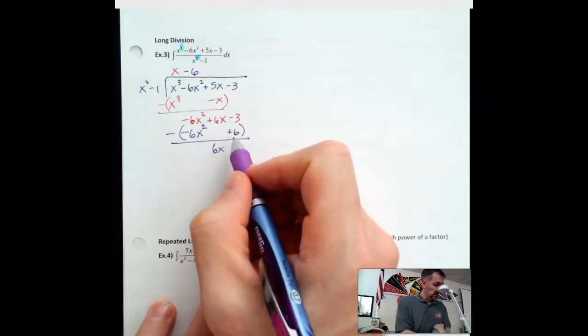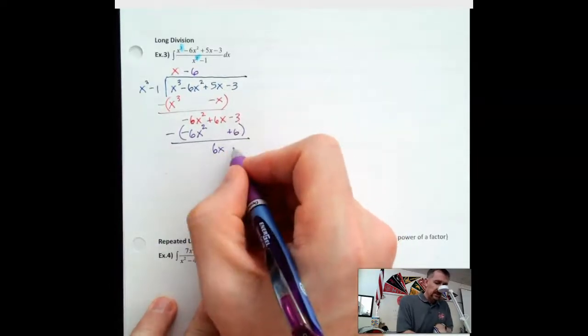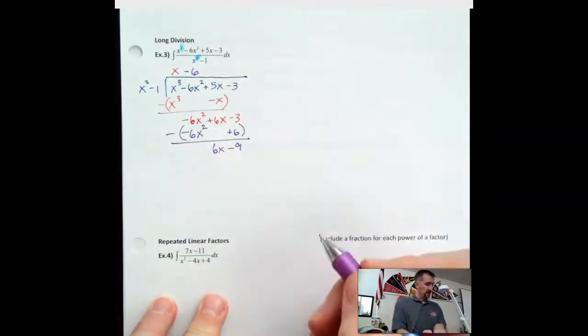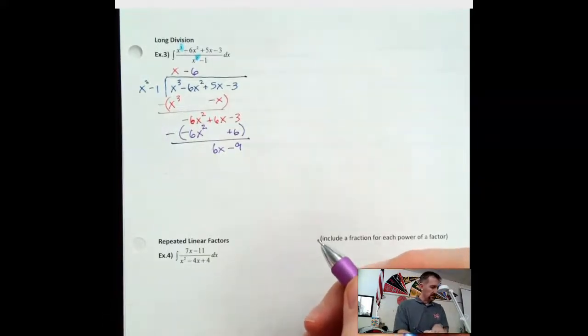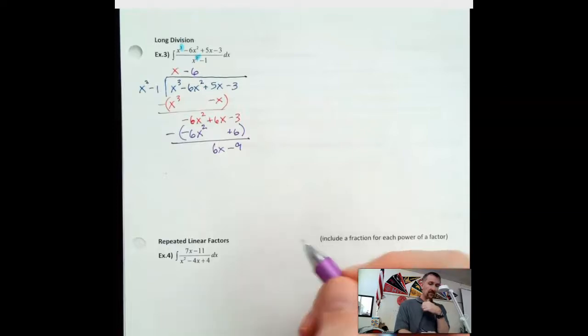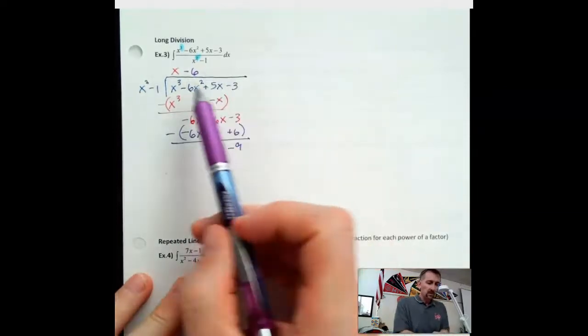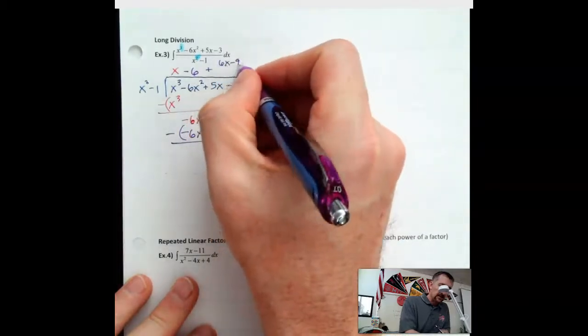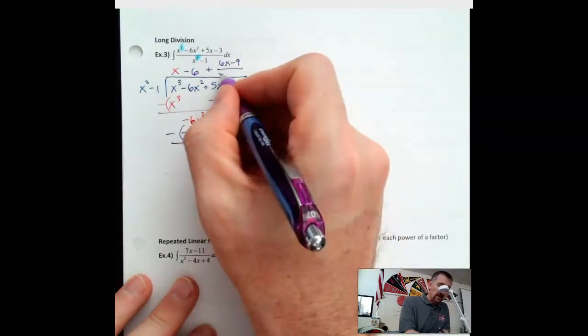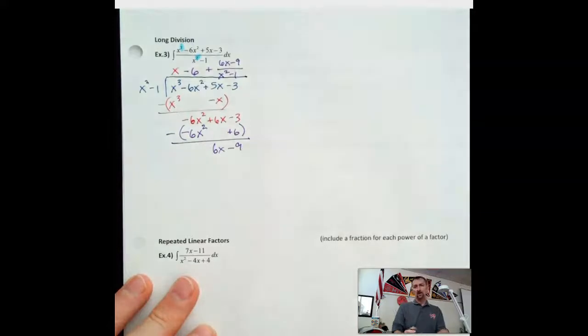That's going to be minus 6, so that's going to be minus 9. All right. So if we look at what we have here, there's going to be a remainder there, so that's going to be plus 6x minus 9 over x squared minus 1.